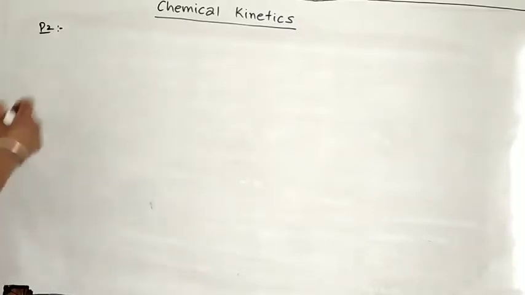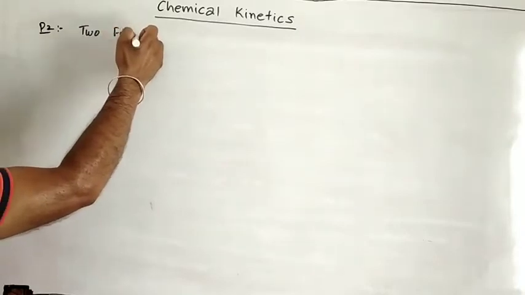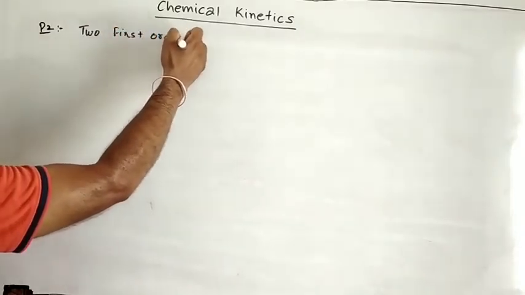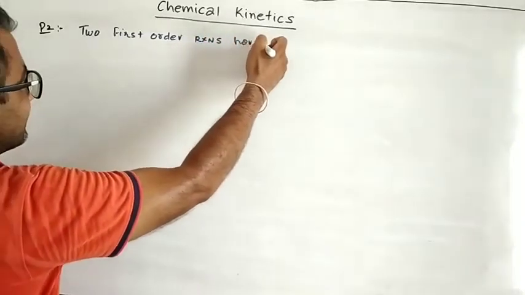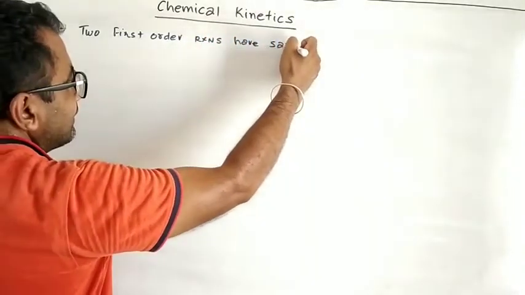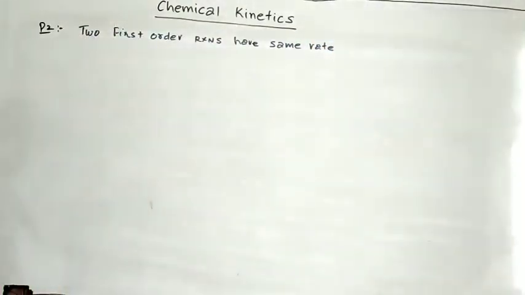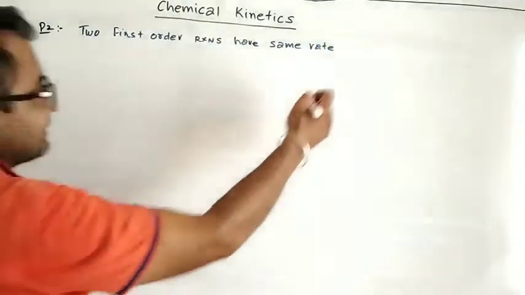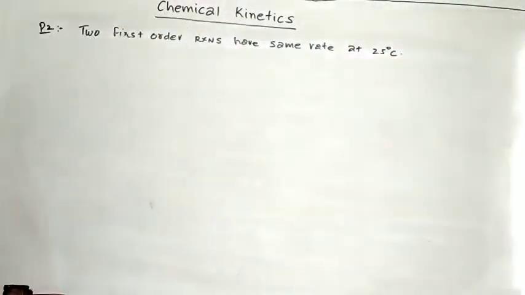So let's write: 2 first order reactions have same rate at 25 degrees Celsius.